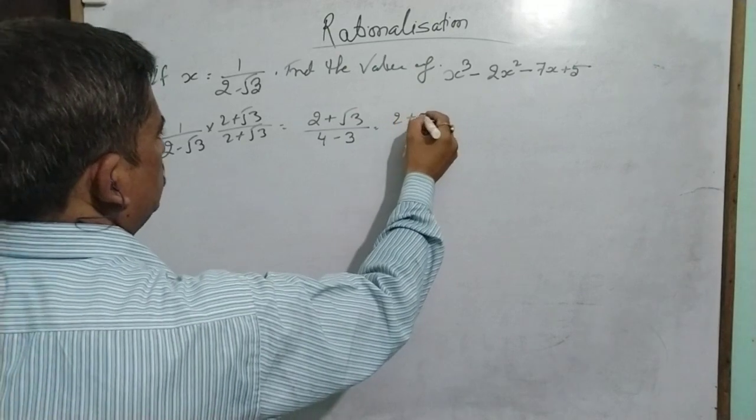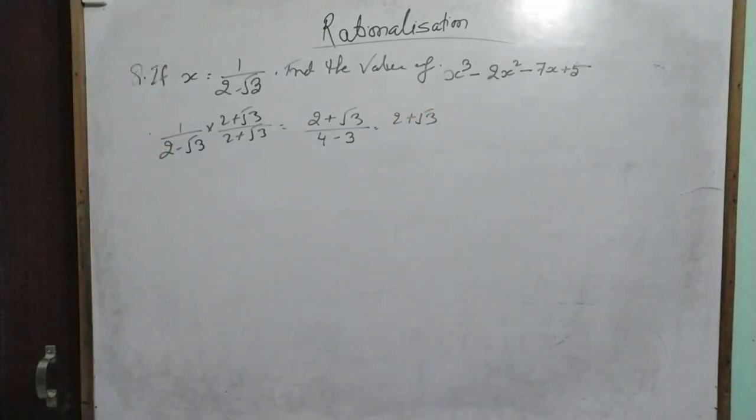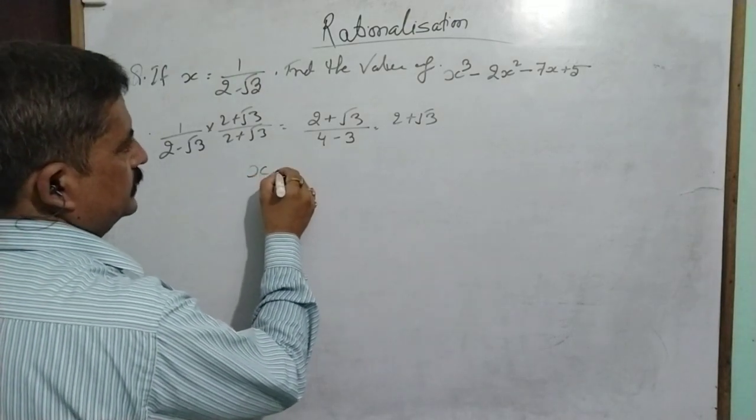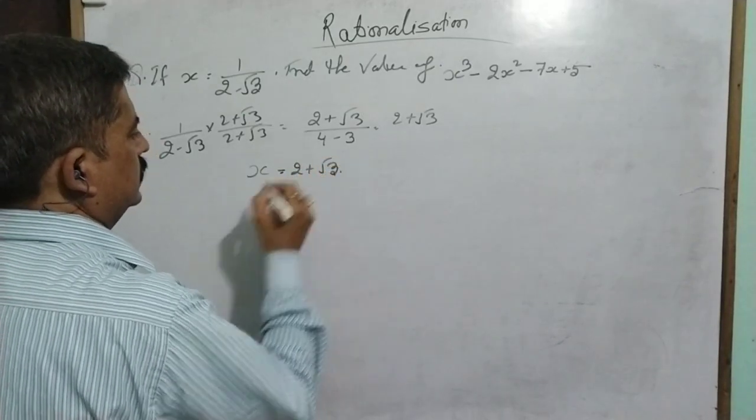So the value of x is equal to 2 plus √3.